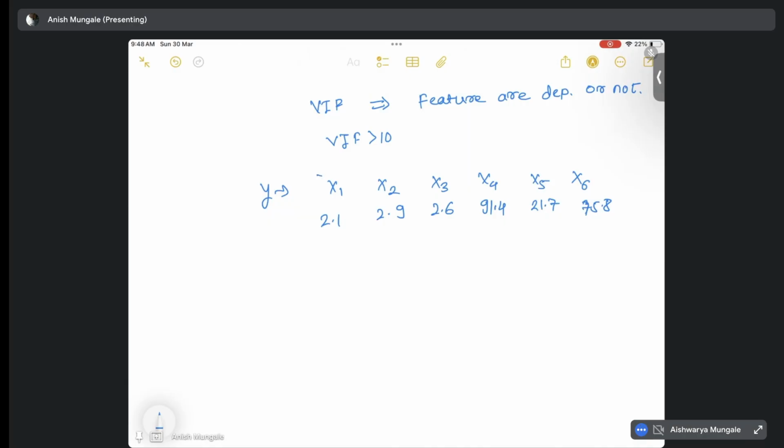Straight away select these features. Keep all these features straight away, because the VIF score is less than 10. First thing you do is keep all these features. Now it will tell you that these other features have some dependence, because the VIF score is high.